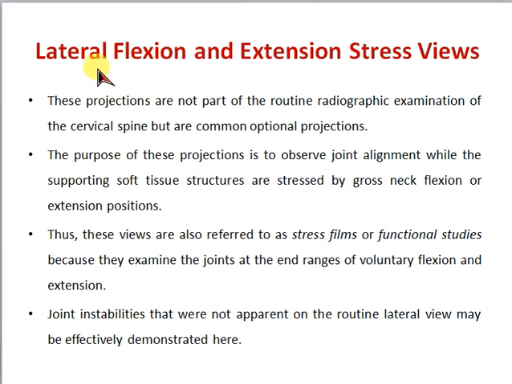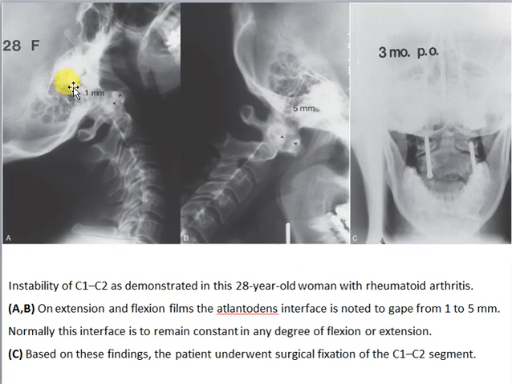Then there can be lateral flexion or extension stress views. If you suspect some sort of degenerative change or subluxation, you can go for stress views. Now in this radiograph you can see a patient with rheumatoid arthritis, and there is instability. This is extension stressed and this is flexion stressed view.